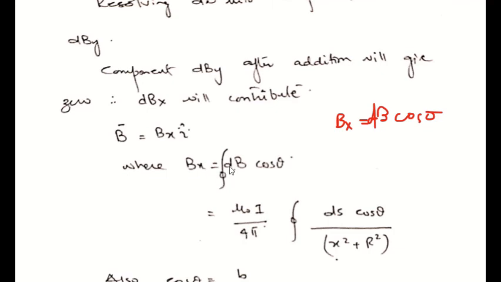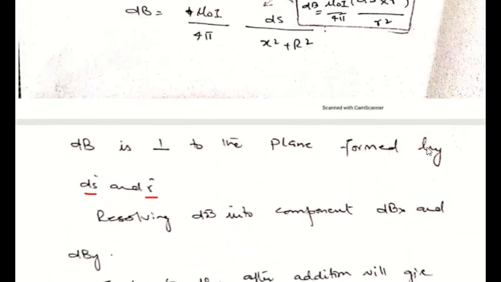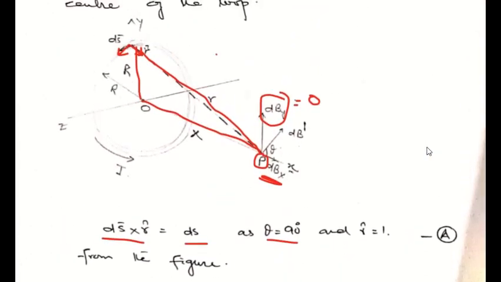So Bx is equal to closed integral dB cos of theta. Simply replacing the value of dB, that is mu naught I over 4 pi closed integral ds over x square plus R square cos of theta. From the triangle we can also find the value of cos of theta. We know that cos of theta is equal to base over hypotenuse. So if you look at this figure, there is an angle over here as well.